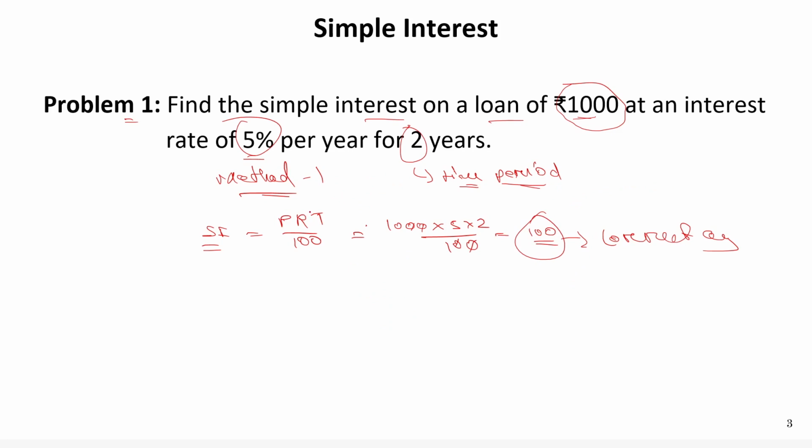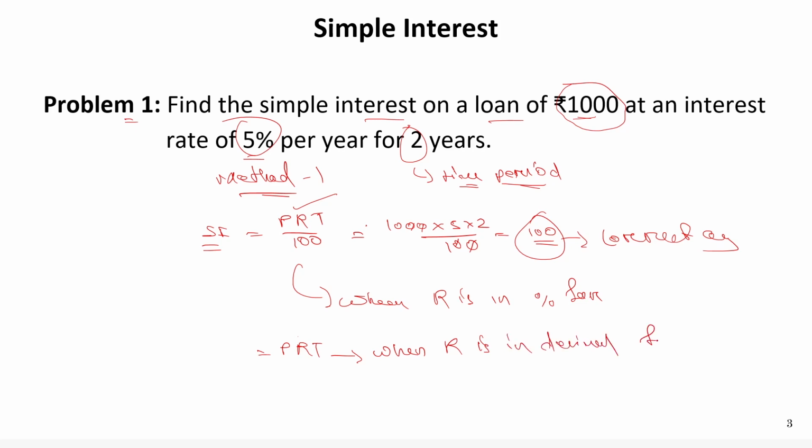When the rate is in percentage form, SI is equal to PRT by 100 is used, and SI is equal to PRT when R is in decimal form.